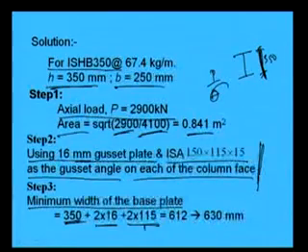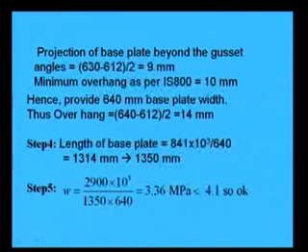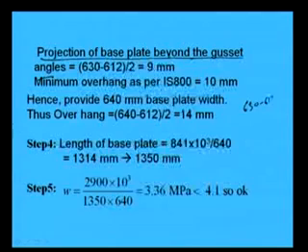Now let us provide say 630 millimeter base plate width. So projection of the base plate beyond the gusset angles will become 630 minus 612 by 2, which is equal to 9 mm, and as per IS code minimum overhang should be 10 mm. So we are providing say 10 mm.